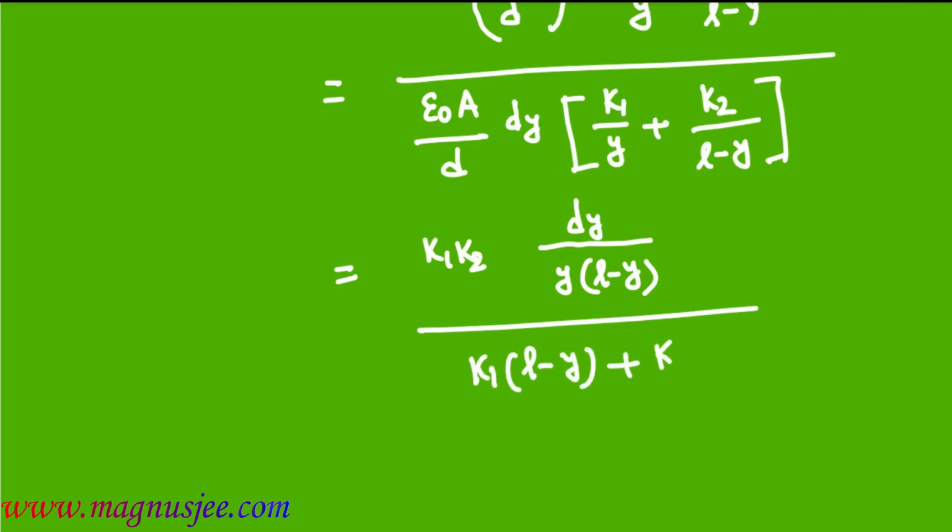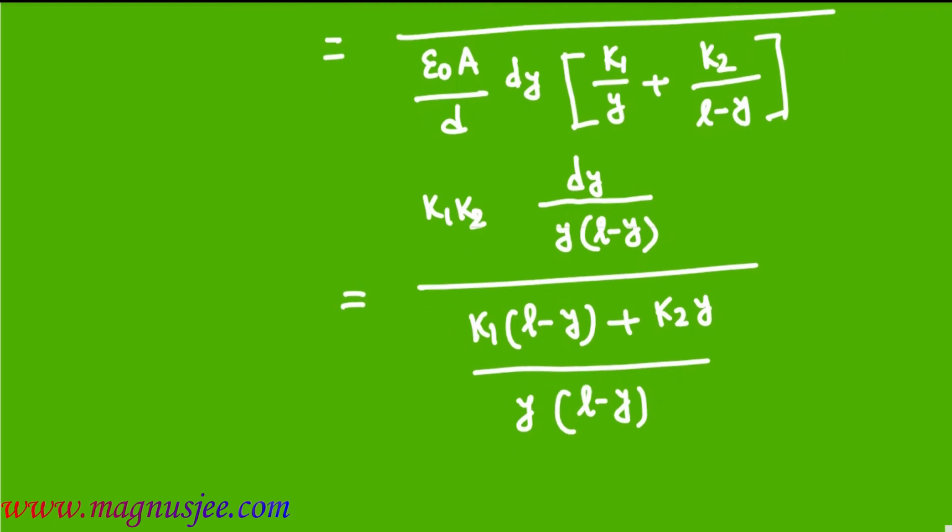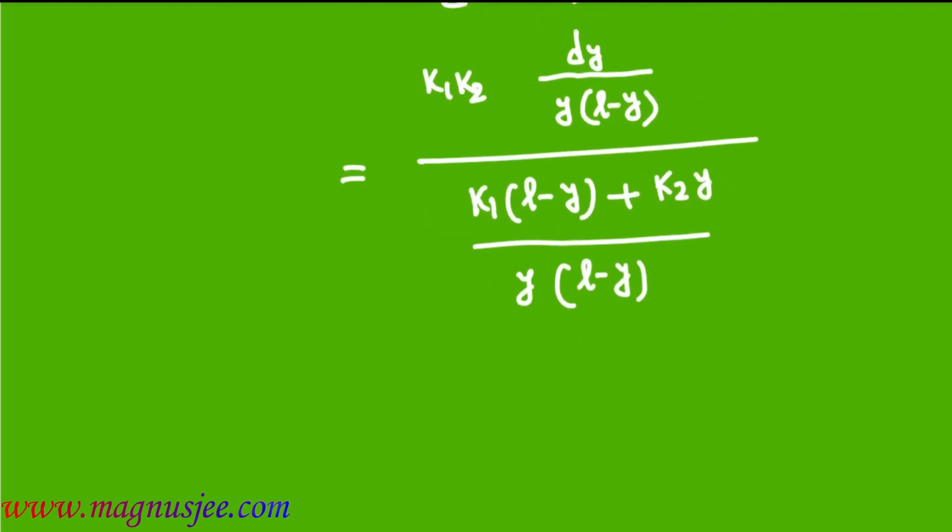Doing LCM, K1 into l minus y plus K2 into y divided by y into l minus y. And in the numerator we should write epsilon 0 A divided by d also, with K1 K2.